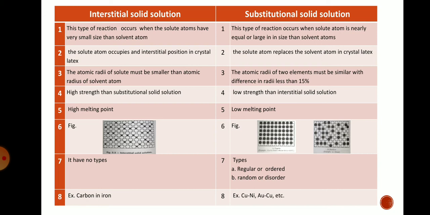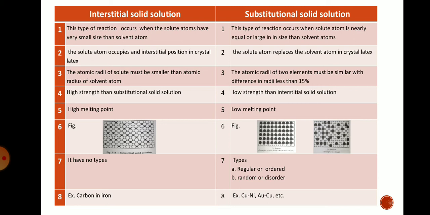Fourth difference point, interstitial solid solutions have a higher strength than the substitutional solid solutions. Substitutional solid solutions have relatively lower strength than the interstitial solid solutions. Fifth difference point, interstitial solid solutions have a higher melting point, whereas substitutional solid solutions have a lower melting point.